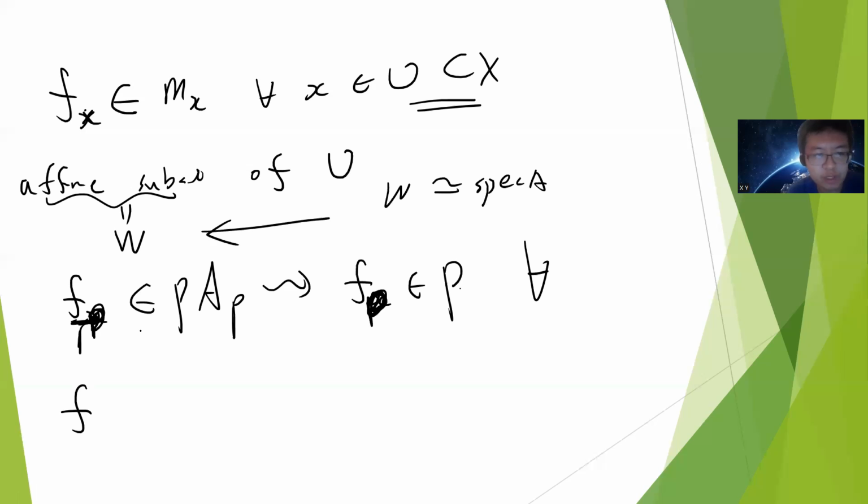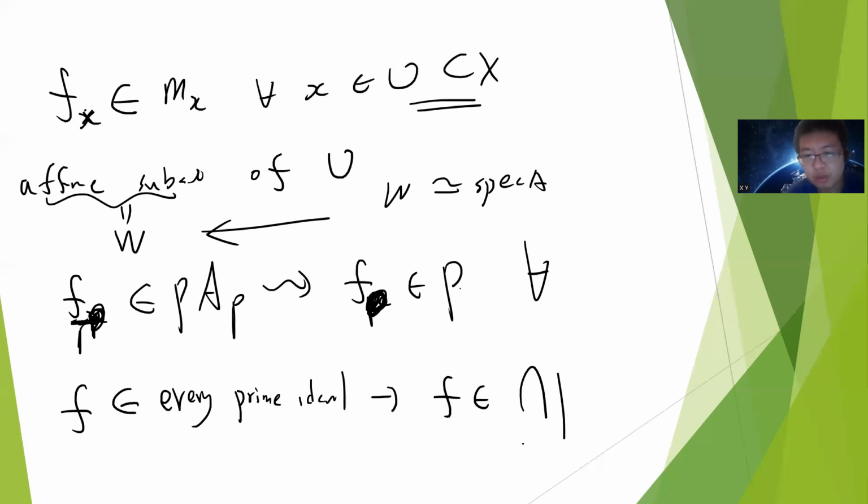If f/1 belongs to p A_p, then f will belong to p. So f belongs to every prime ideal. That means f belongs to the intersection of all the prime ideals.